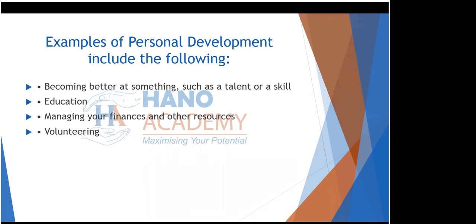So you are talking of the issues of development in terms of education, managing your finances and resources. Then you give voluntary services.